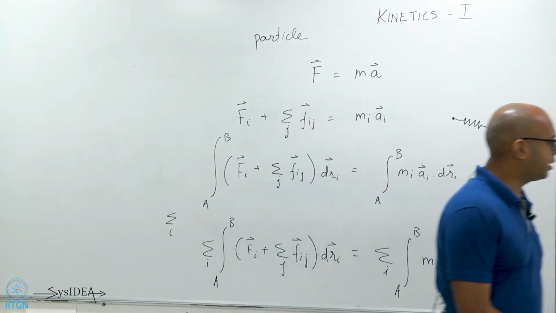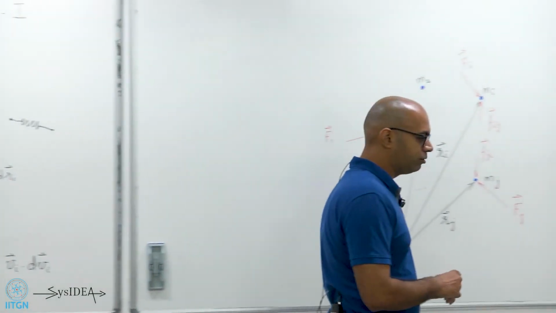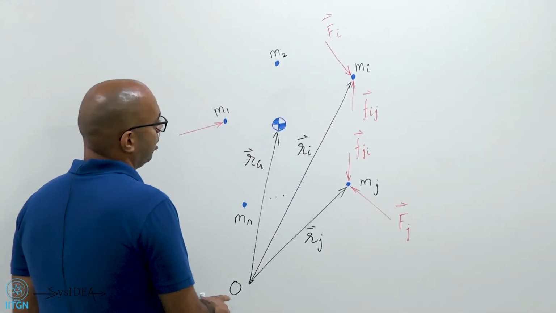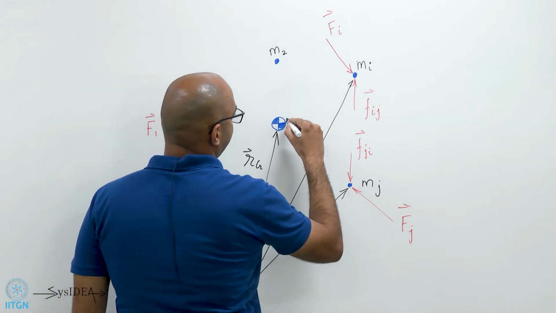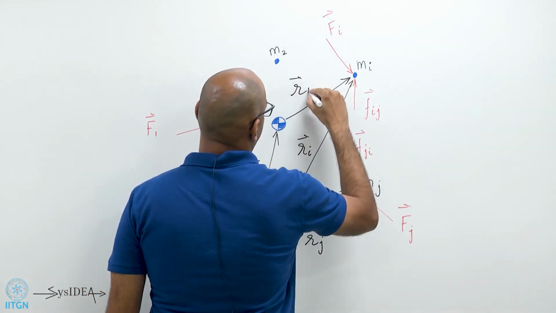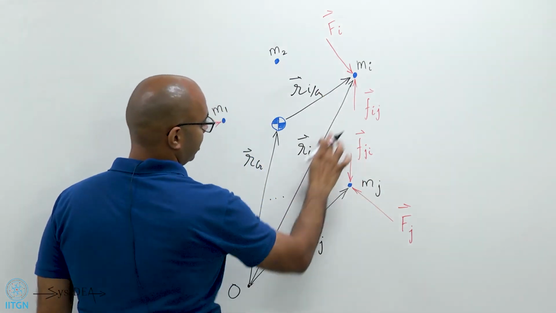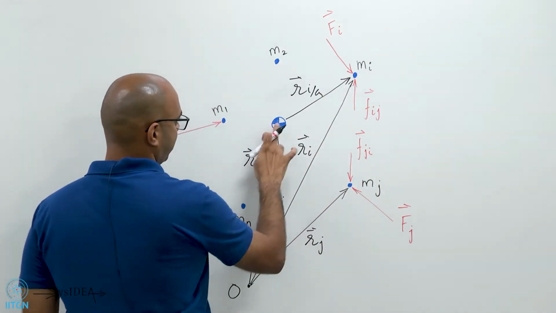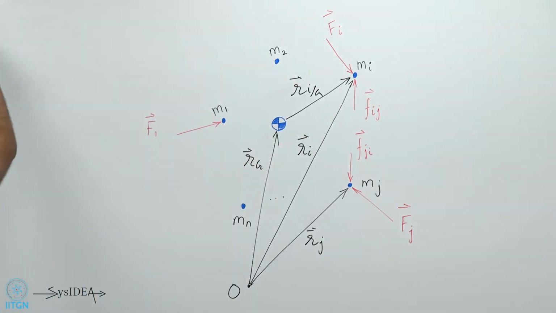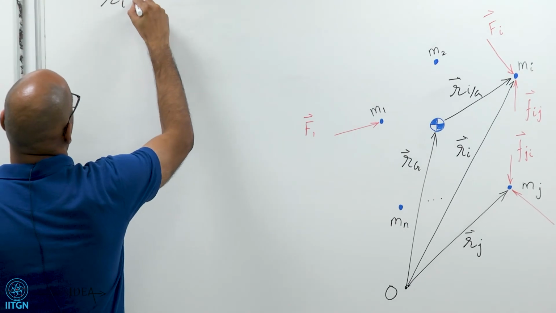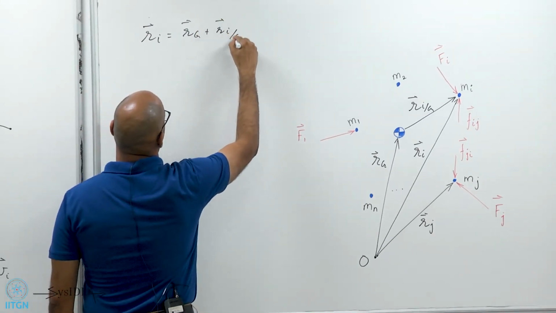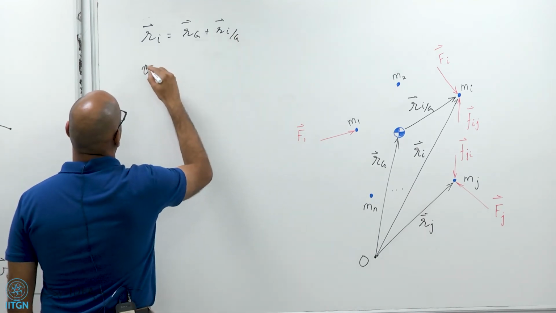This is a standard trick that we would use for both this and other principles later on, where for each i, I write ri, which is this position vector, as a sum of two position vectors, Rg plus rig. So ri is equal to Rg plus rig, and I can do that for velocities as well.